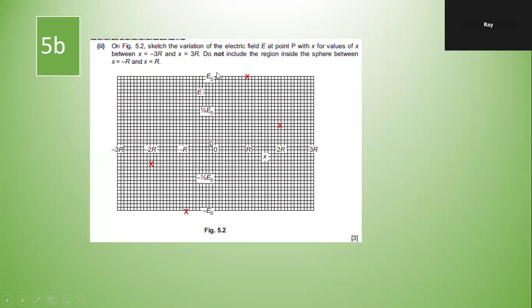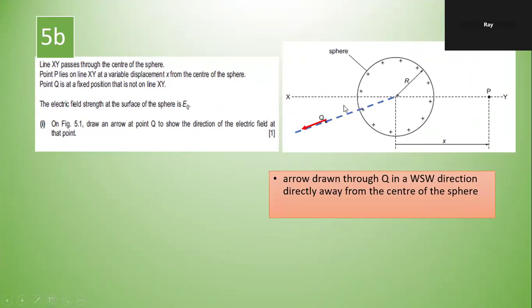Make sure you know how to plot this graph. At the surface, R, there's E naught. Remember, if you take right as positive, left is negative. Electric field on this side is to the left, on this side is to the right. So that's why it's negative here, positive here.